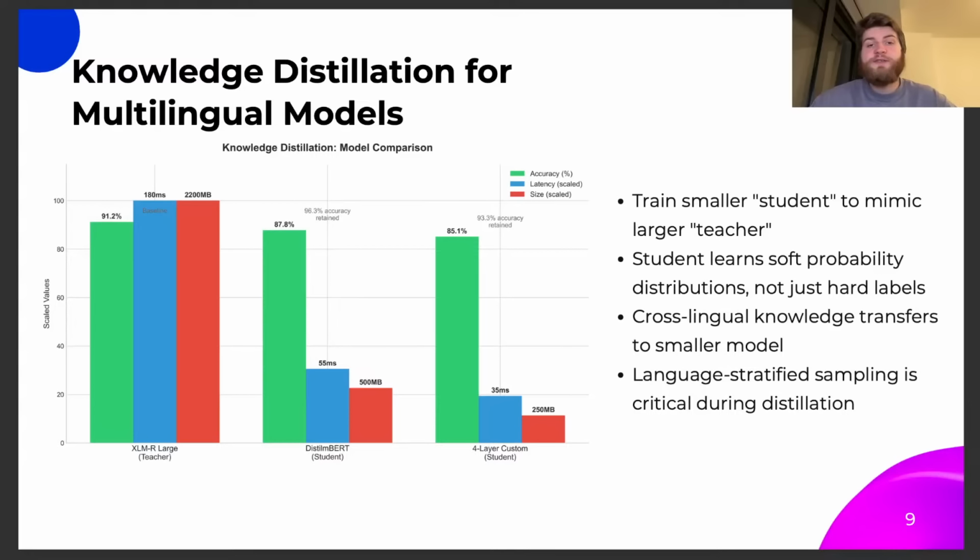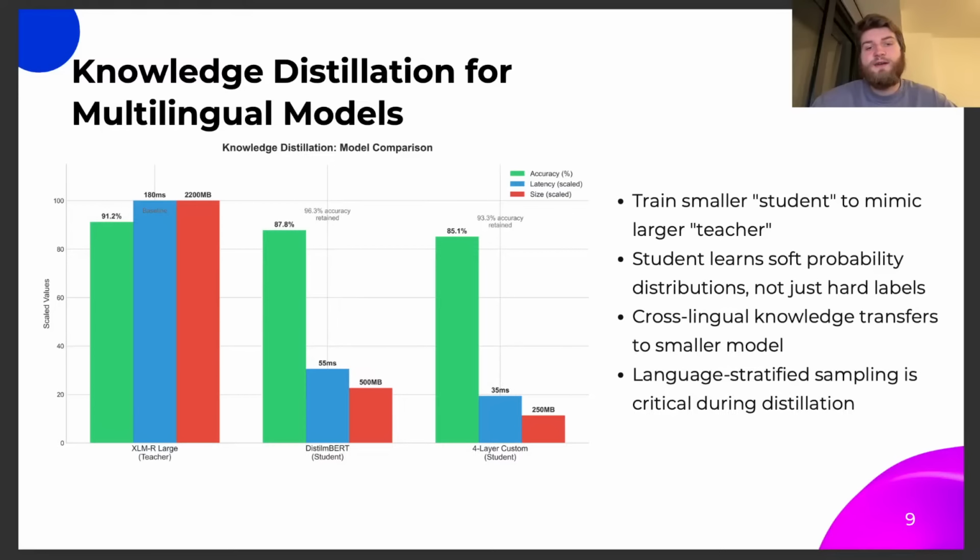And just look at these results from a distillation experiment on sentiment classification. Teacher XLM large, 91.2% accuracy, 180 milliseconds latency on CPU, and 2.2 gigabytes model size. Student DistilBERT, 87.8% accuracy, 55 millisecond latency, 0.5 gigabyte model size.